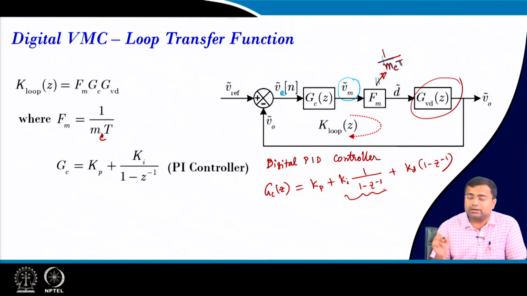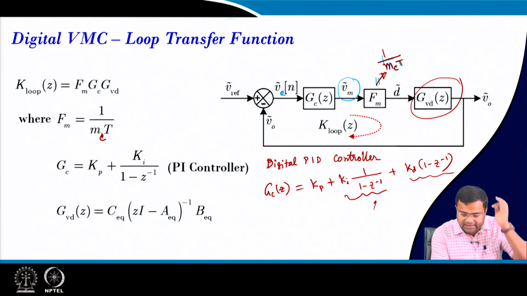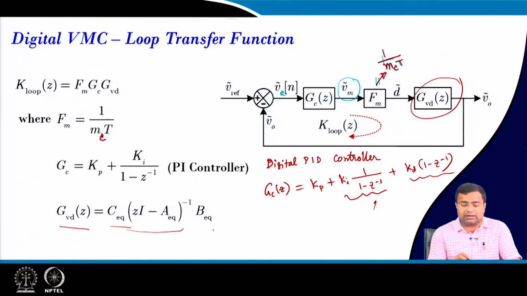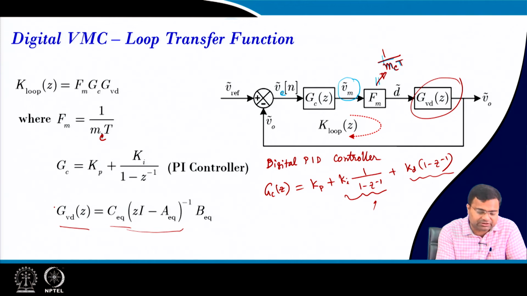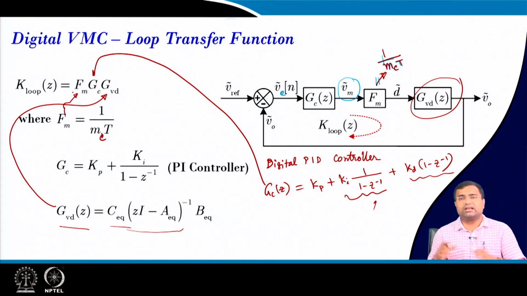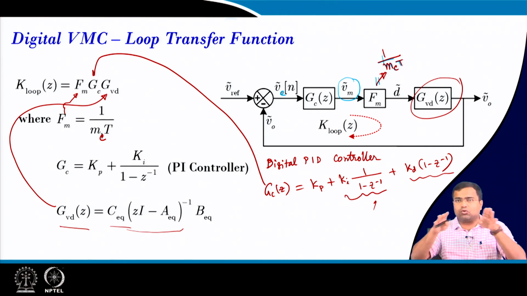So, this is the discrete time integral term and this is a discrete time derivative term, and these are all coming from the backward difference formula. Then we know that GVD is nothing but C equivalent multiplied by this inverse matrix into B equivalent. So, you can easily get the loop transfer function by substituting the controller here, and also by substituting here. So, you can obtain it, and then we can draw the loop gain plot to make sure that the closed loop is stable.